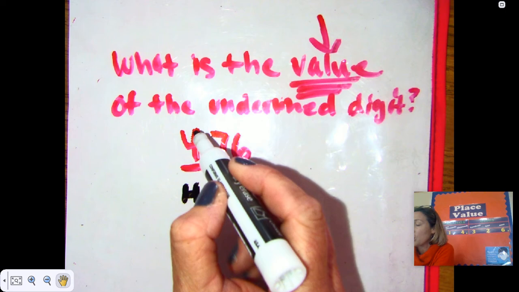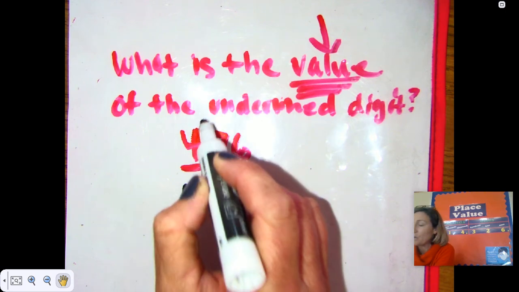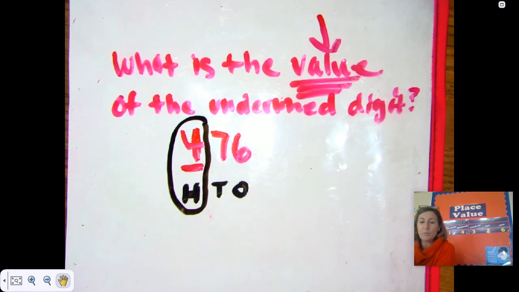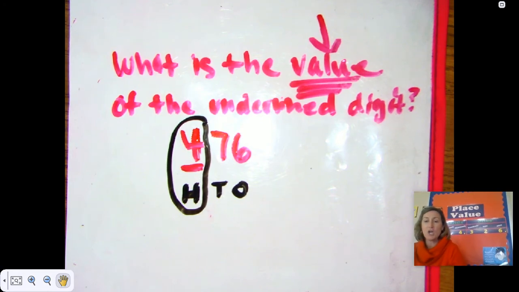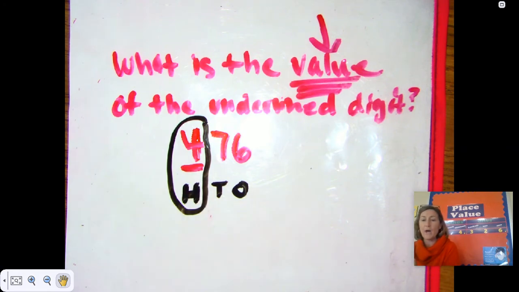So 4 hundreds. What is the value if we had 4 hundreds? So we think about money, okay? If I had 4 $100 bills, how much would it be worth? 4 in the hundreds place. 100, 200, 300, 400.